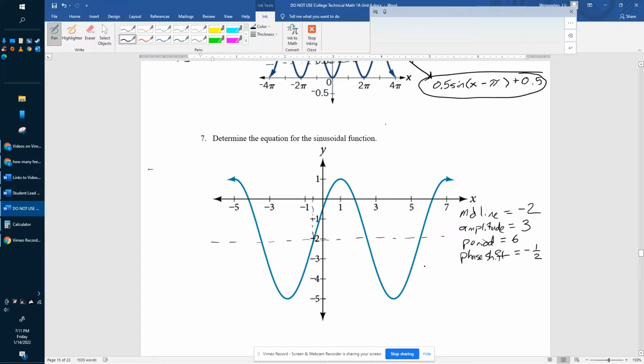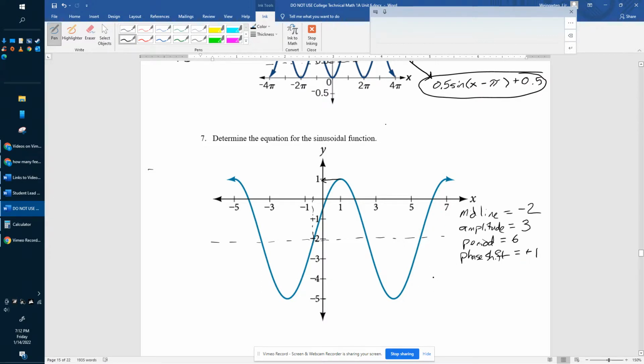Now, if we had chosen cosine, we would have had to have moved this over, and actually, I think the phase shift is closer to 1 than 1/2. It's hard to tell when I can't draw straight lines. So -1. All right. Well, let's pretend this is cosine, and we'll call it +1.